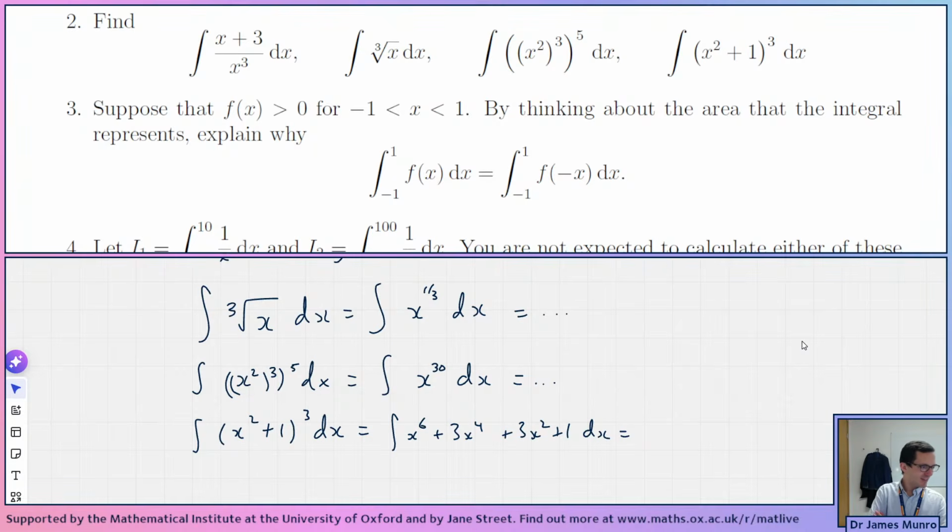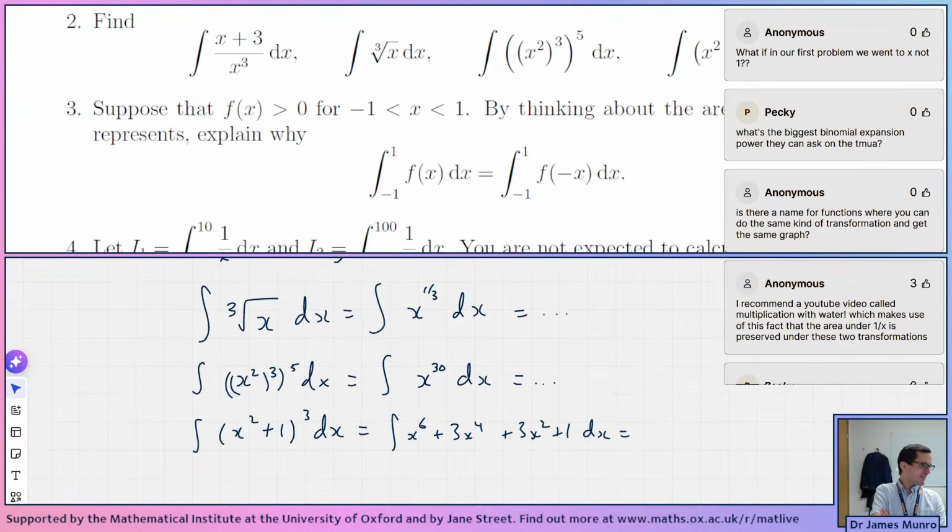Is there a name for functions, says chat. Oh, let's get it on screen. Is there a name for functions where you can do the same kind of transformation and get the same graph? Oh, we don't have time. But yes, this is definitely a thing. If you have some transformation and you have something that is unaffected by your transformation, that is very much a thing. And in general, your transformations will mix things.